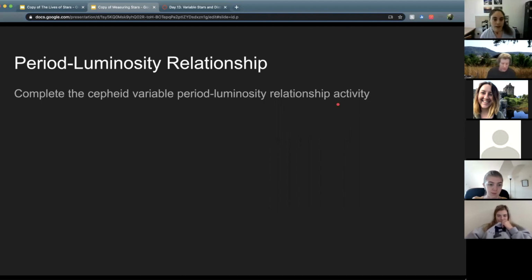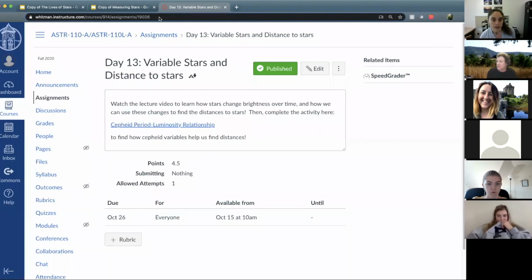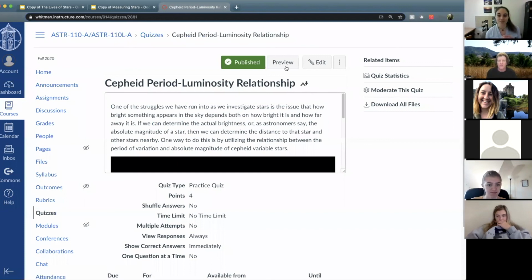So this is our assignment for day 13. In our Canvas page, you should see something called Day 13, Variable Stars and the Distance to Stars. In that, hopefully all of these things are published this time.